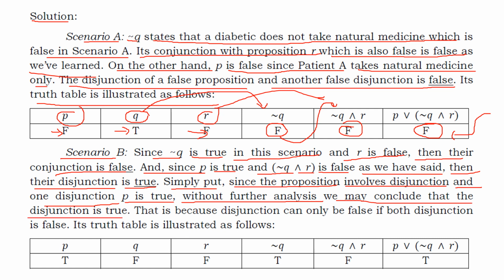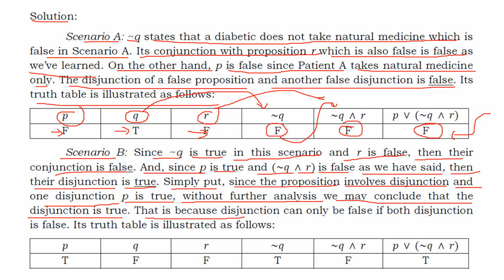Why? Because in a disjunction, if the truth value of one of the propositions involved is true, then the truth value for the disjunction of these two propositions is automatically true.